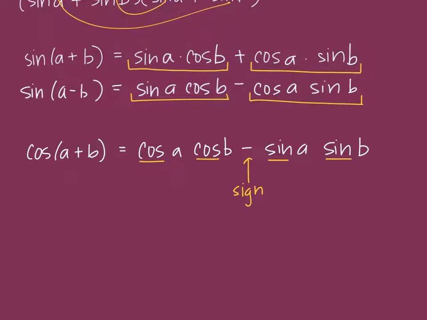The first emphasis on the S-I-G-N is to help us remember that there is a sign change from plus to minus. So if you're thinking about the rhythm of that, again, it goes cosine, cosine, sign, sine, sine. That's the rhythm.